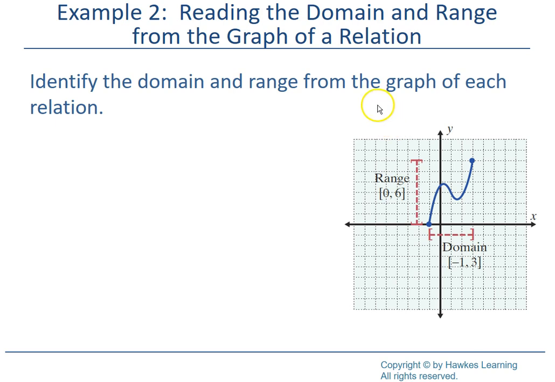Okay, now when we look at a graph such as this, and we're asked to find the domain and the range of the graph, and I'll write a little bit here too to emphasize, your domain elements are your x elements projected down to the x-axis.